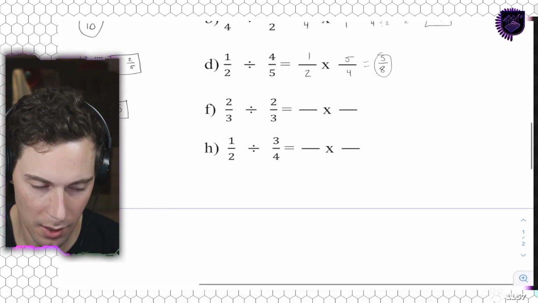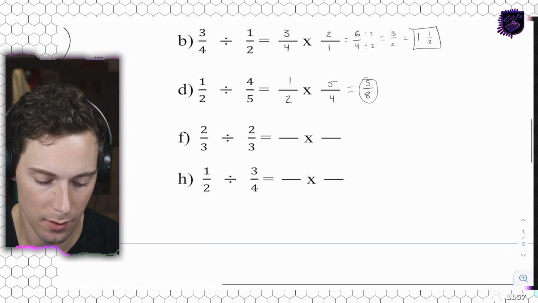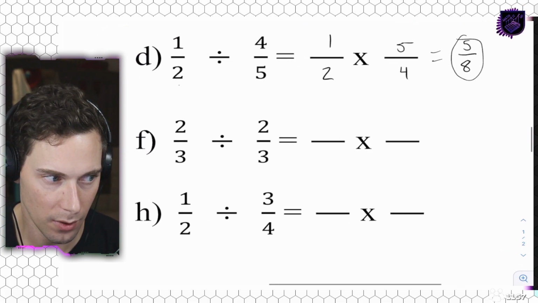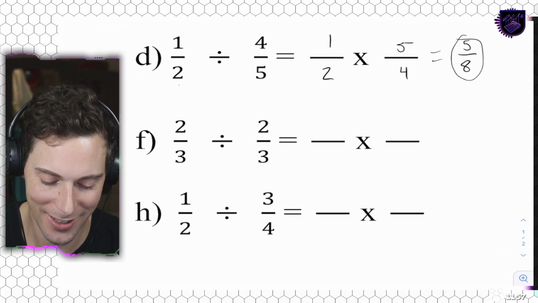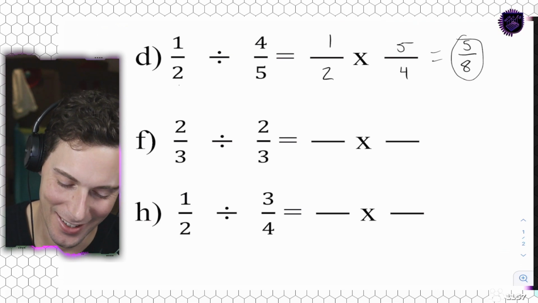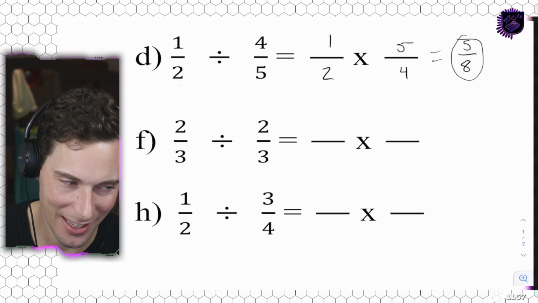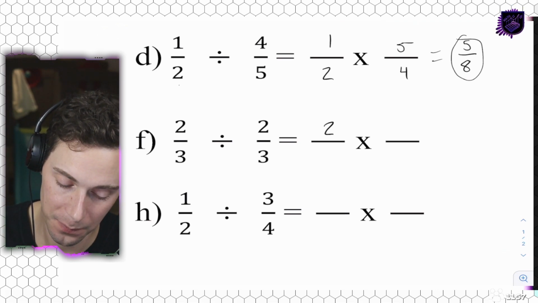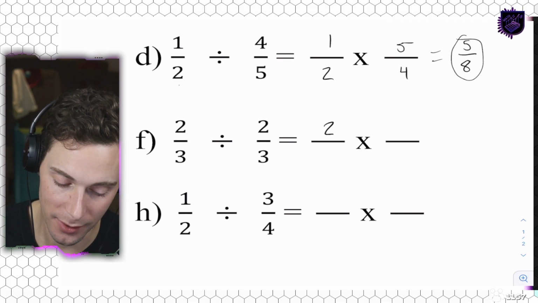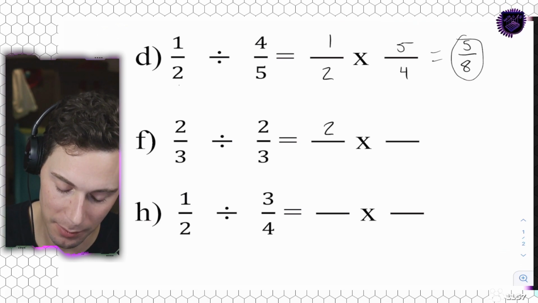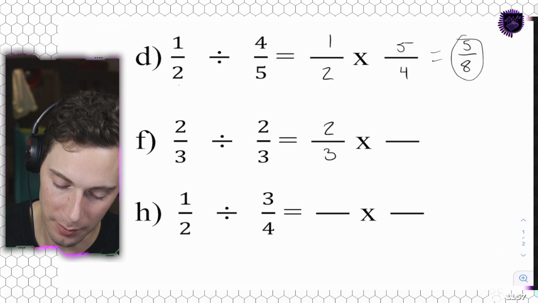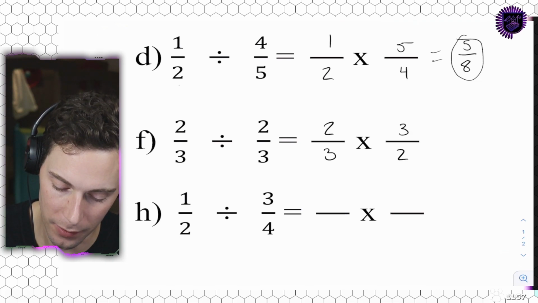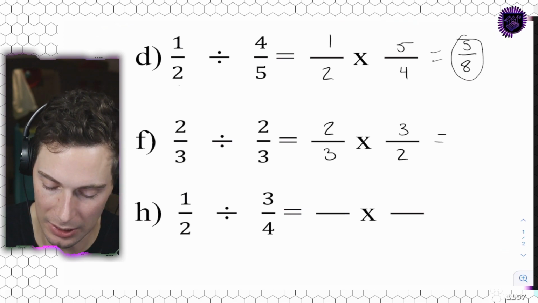F. Let's zoom in here. 2/3 divided by 2/3. Snuck that one in there. Well, this will be equivalent. It's going to be 1. You know it's got to be 1, but let's play it out here. 2/3 multiplied by 3 over 2, which is going to equal 6 over 6.